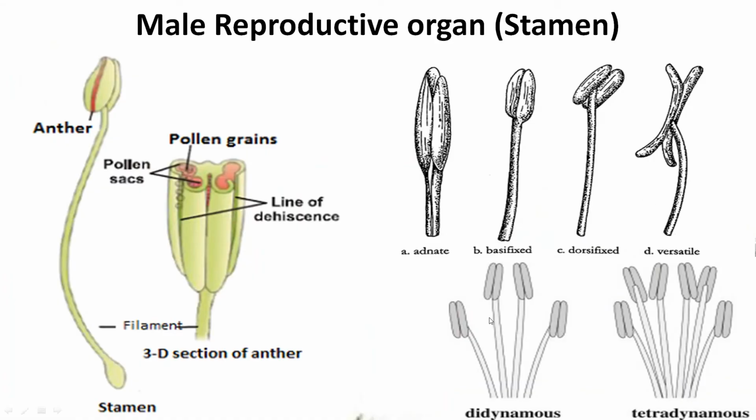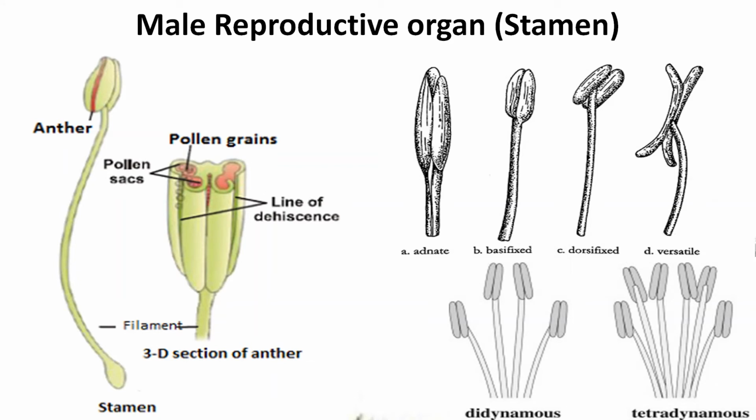In case of didynamous, the four stamens in one whorl are present in one whorl, out of which the outer two are shorter and the inner two are longer in size.